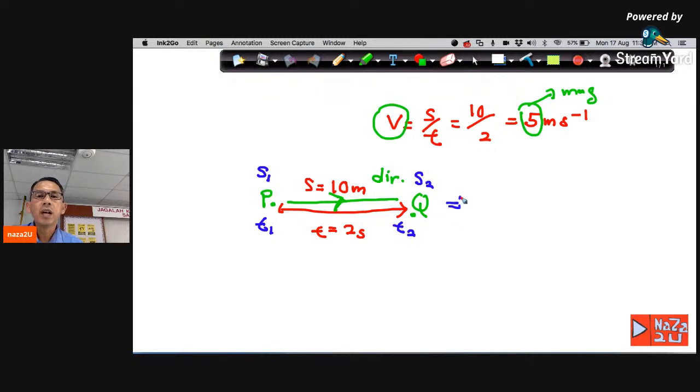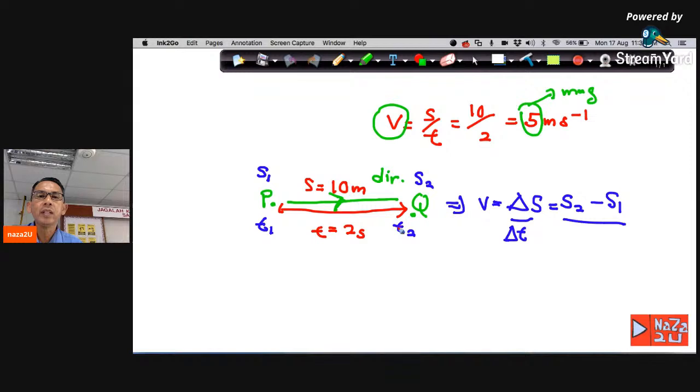So meaning, if you refer to the equation, the velocity is delta S over delta T. Delta here means change, delta S meaning change of displacement. Change meaning S final minus S initial, so S final is S2 and S initial is S1, divided by delta T, the change of time.